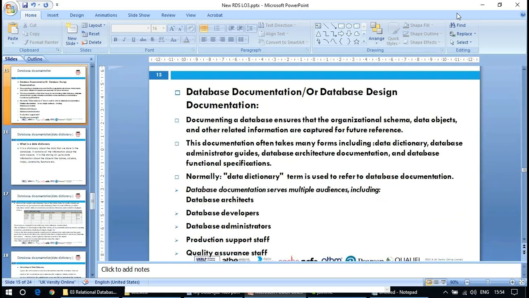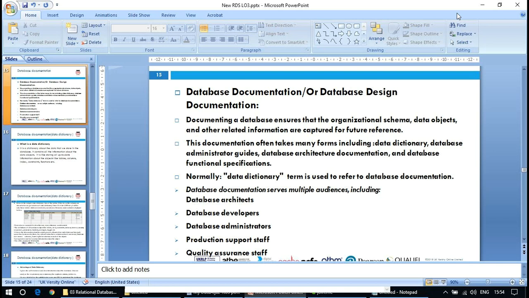Now, the documentation. You must have heard about the documentation of everything, like documentation of software, or an instruction manual of an electronic device, or the instruction manual of a car. Have you ever got a chance to look at any manual?